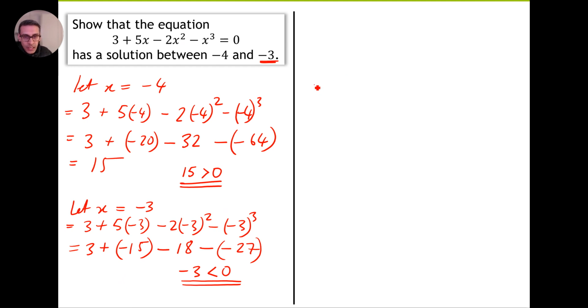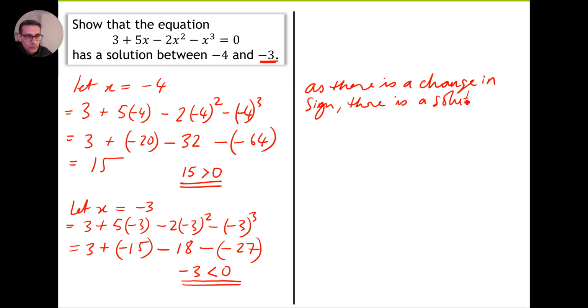So as there is a change in sign, there is a solution between x equals -4 and x equals -3.